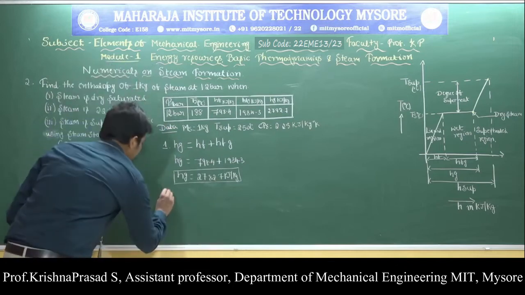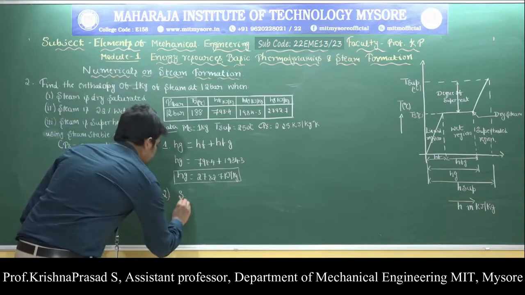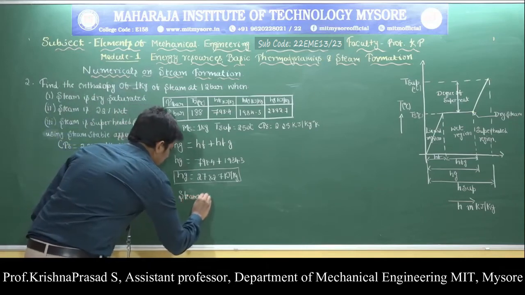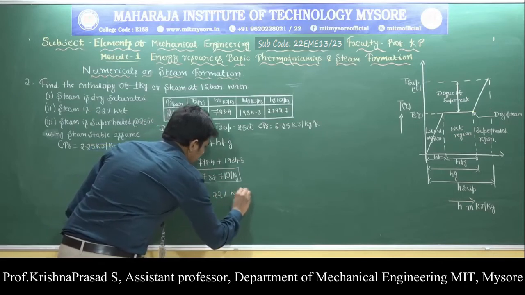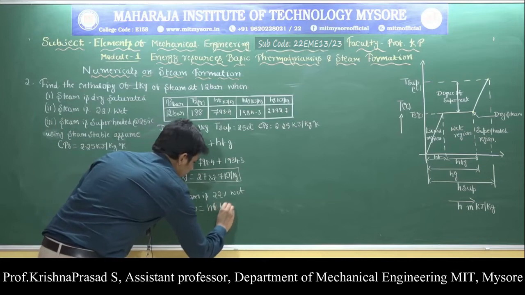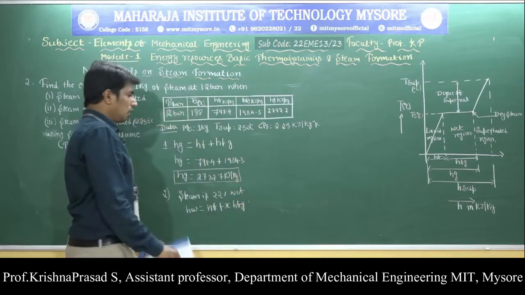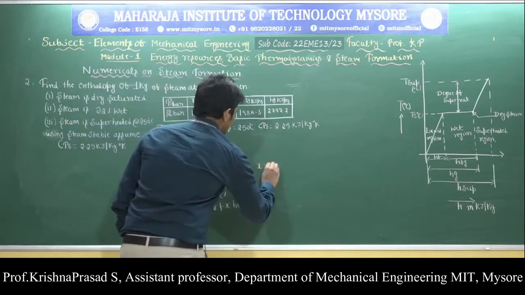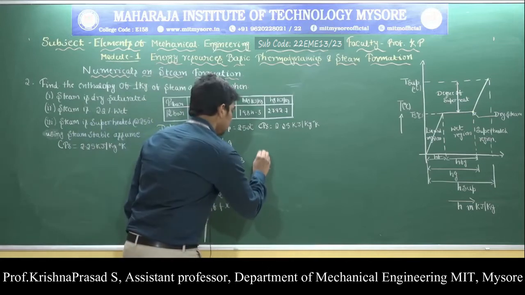Next, the second value. Here the steam is 22% wet. For the enthalpy of wet steam, the formula is hf plus x into hfg. But what is meant by x? X is nothing but the dryness fraction.